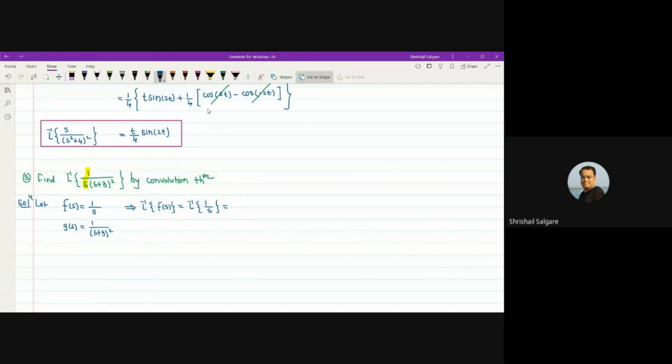The result should be with you. 1, sir. Yes, very good. It's 1. Then next one, L inverse of G of S is given by L inverse of 1 upon S plus 3 bracket square. Yes, anyone, it is open to all. Unmute and tell.